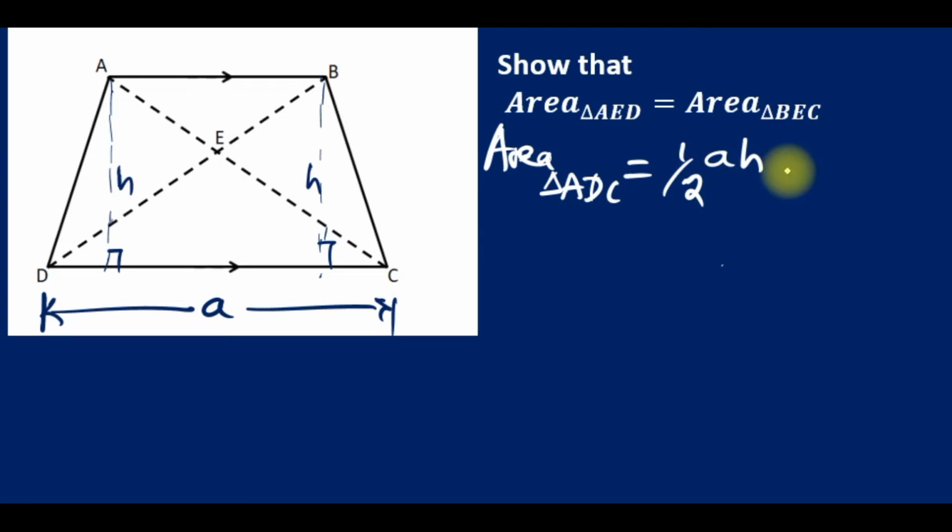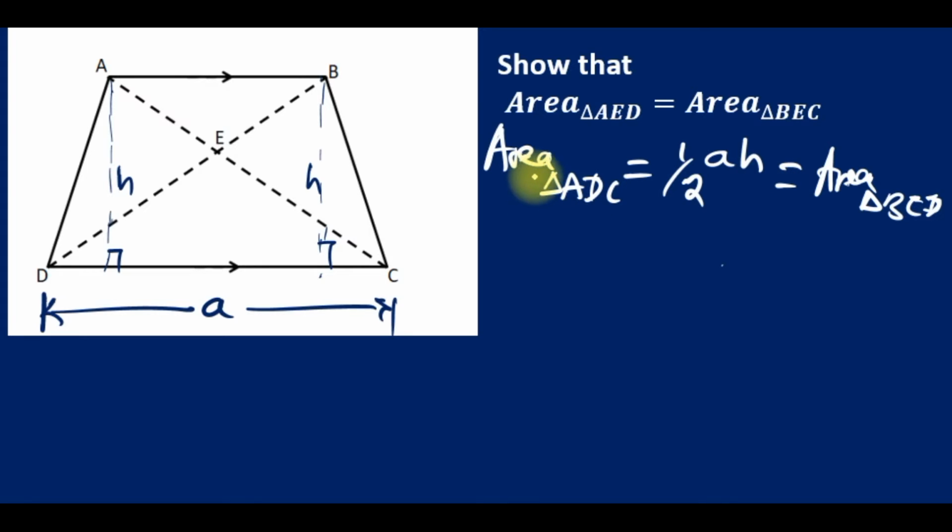Again, if you notice, the area of triangle BCD also has the same base A and height H, so again it is half A times H.